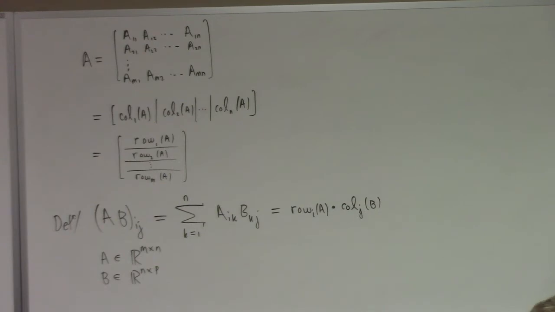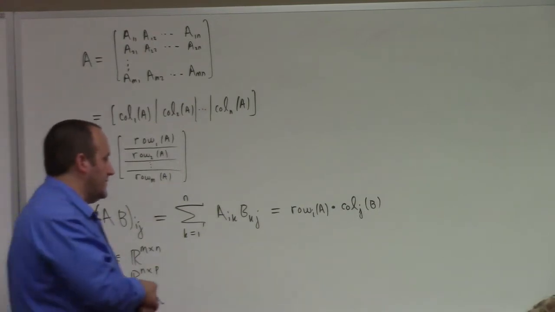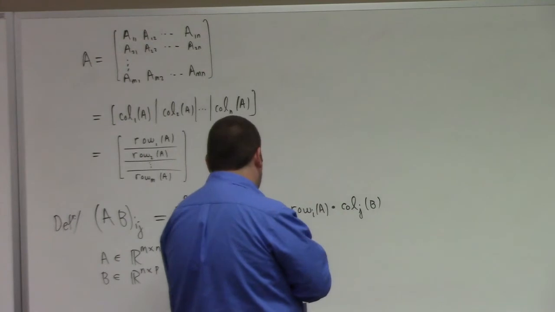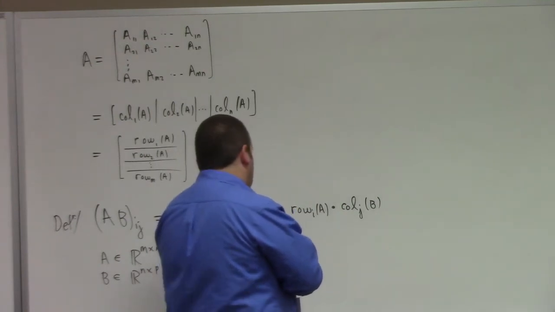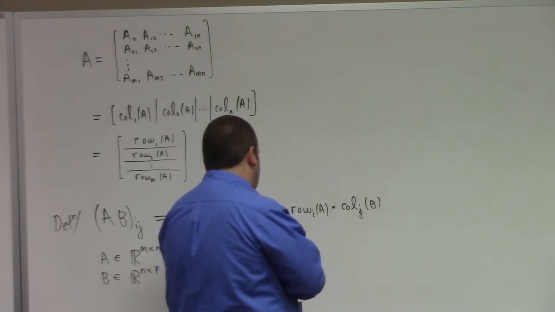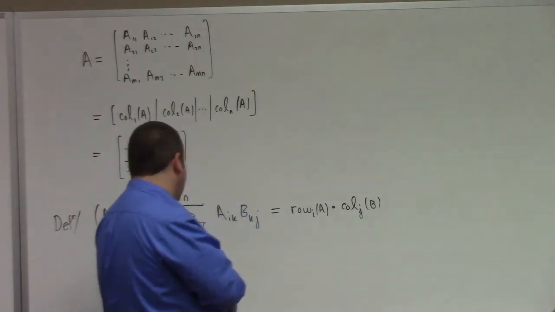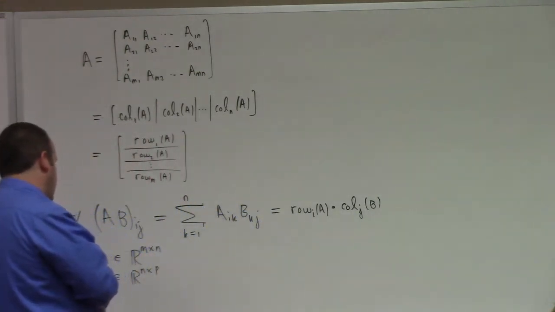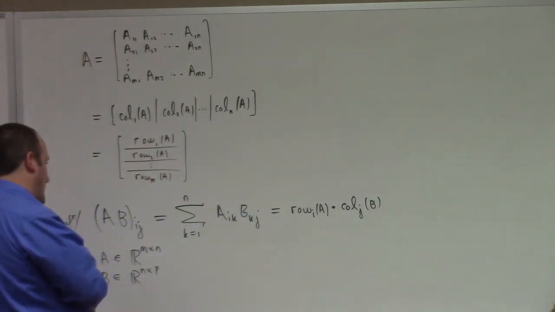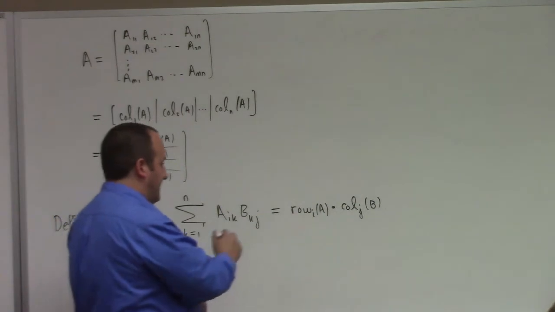So if this is bothersome to you, there's various things we could do. Let's see here. What's the size of the row vector? Well, the ith row is what? It's 1 by n, right?